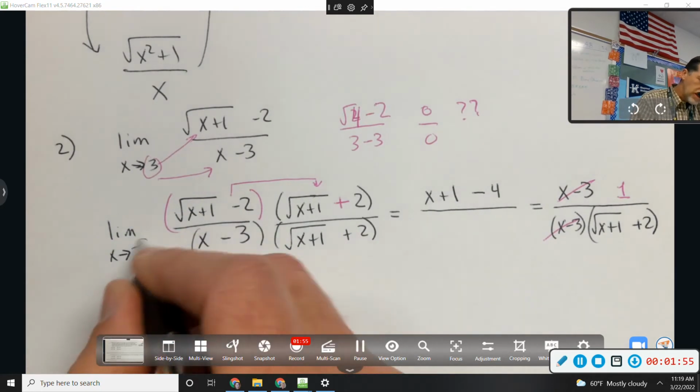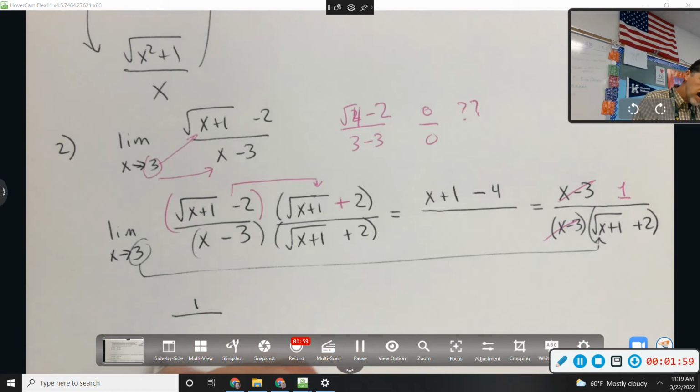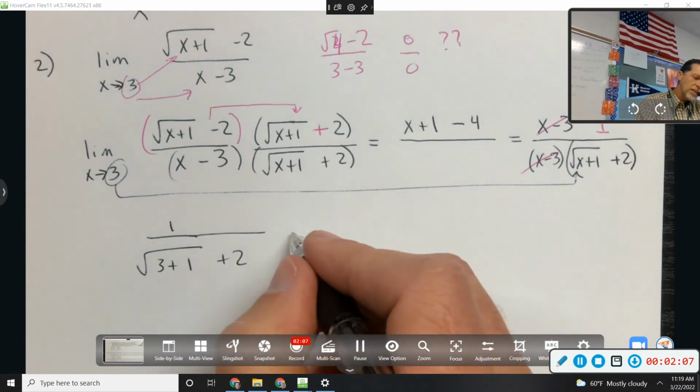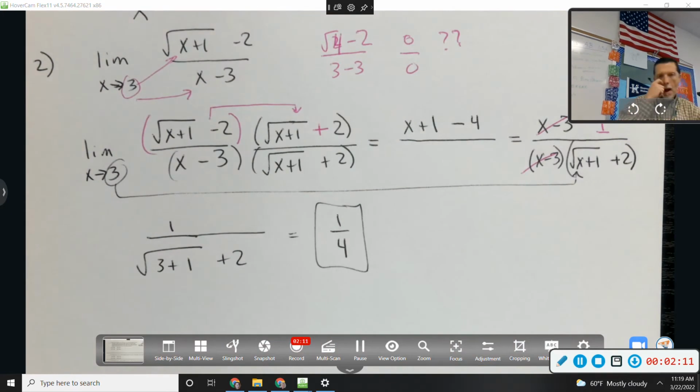So if we plug in 3 now, we could stop right there. But yes, it is 1/4. So that's the algebra way to do number 2.